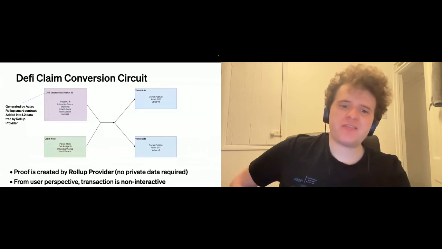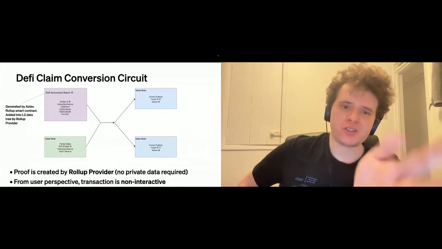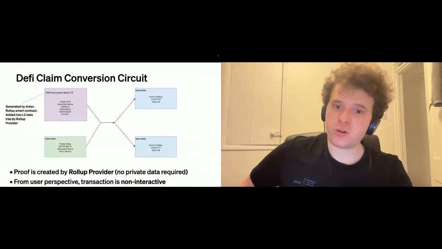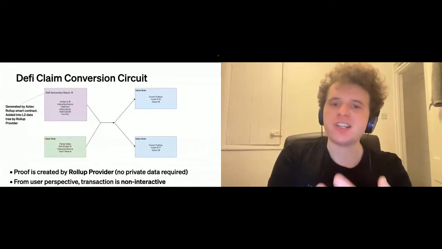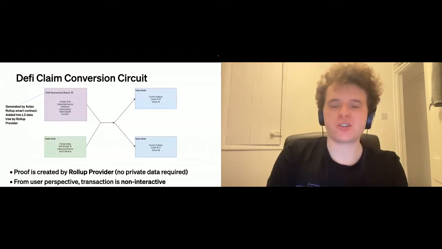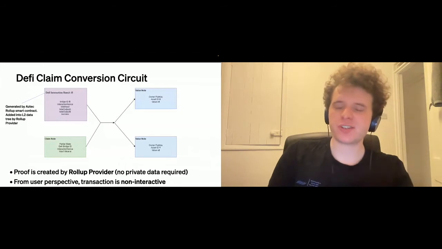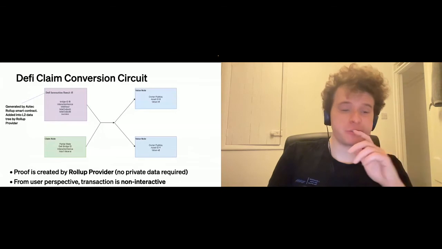What I didn't mention is that fee gets split across 2 transactions. The Rollup provider will get half of that fee when this circuit proof is aggregated into a block, but the other half of the fee is recorded inside the claim note directly, and is only released to the Rollup provider when this claim conversion proof is processed, which provides the economic incentive for this second component to happen automatically from the user's perspective.